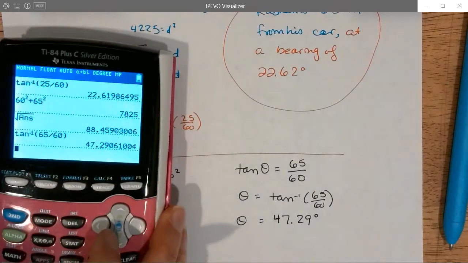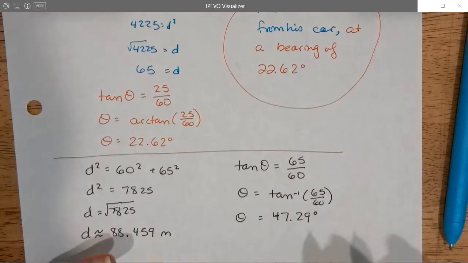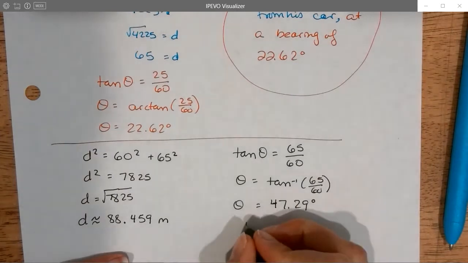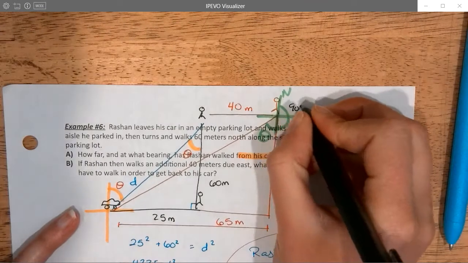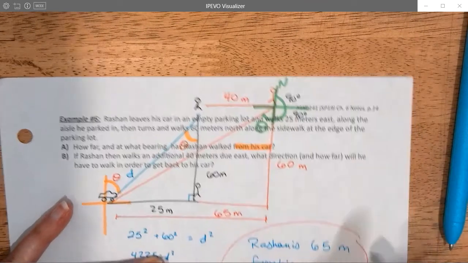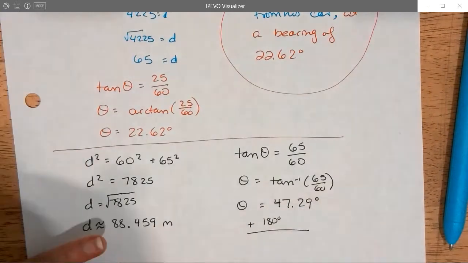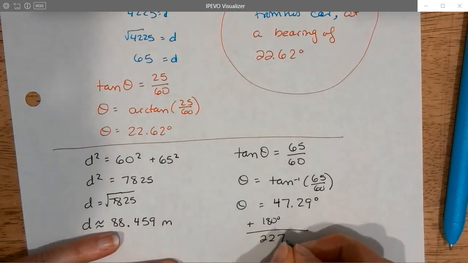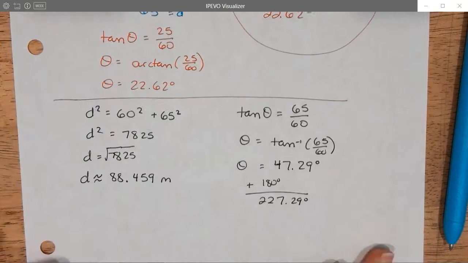I just typed in the arctangent there. Okay. All right, so his bearing would be plus 90 degrees twice, right? Because each of these quadrants up here is 90 degrees. So if I add 90 degrees twice, that converts our angle into a bearing angle. So that would be 227.29 degrees.